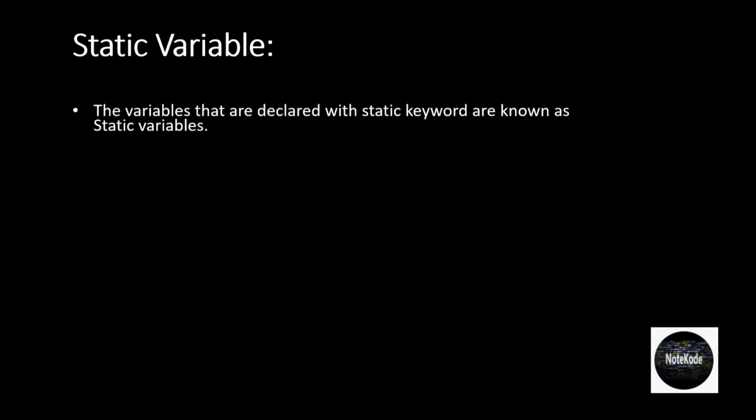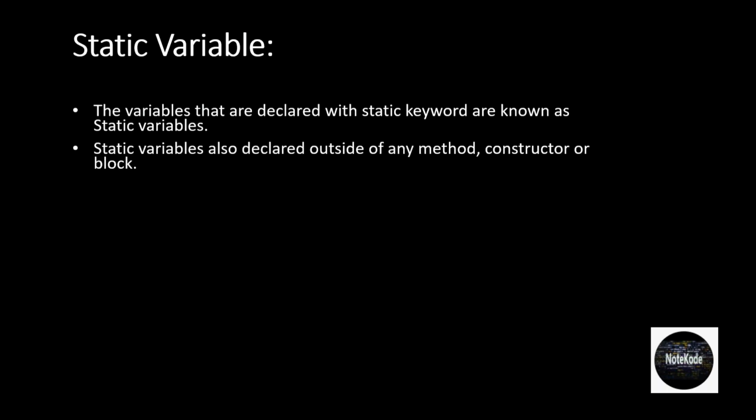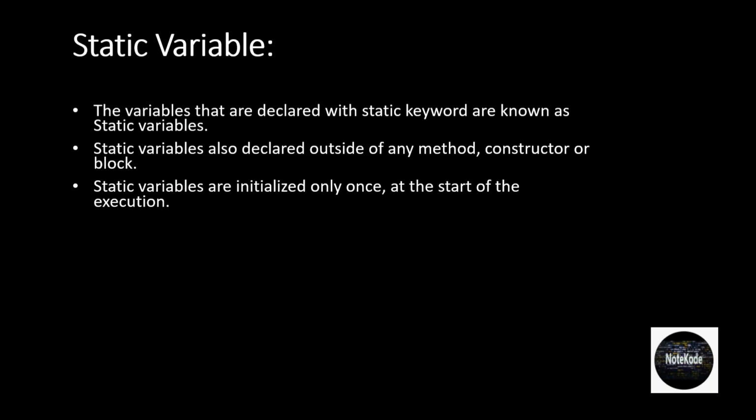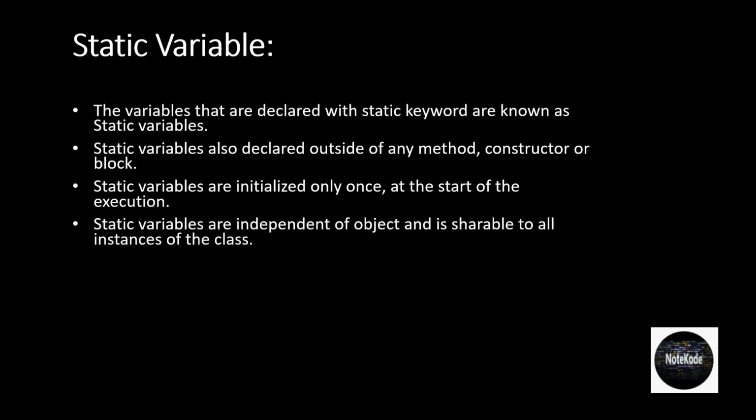Now the static variable. What is a static variable? The variables that are declared with the static keyword are known as static variables. Static variables are also declared outside of any method, constructor or block. Static variables are initialized only once at the start of execution.